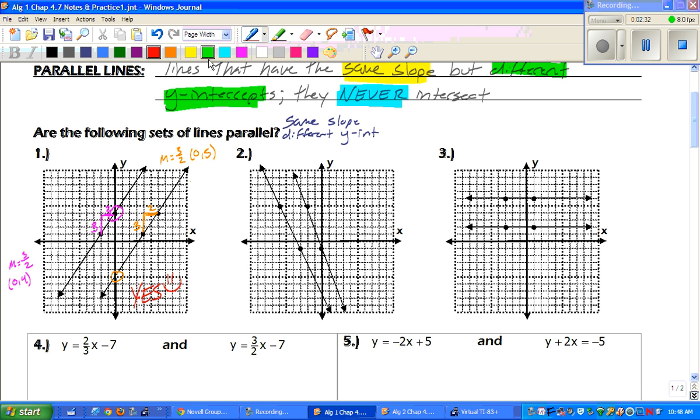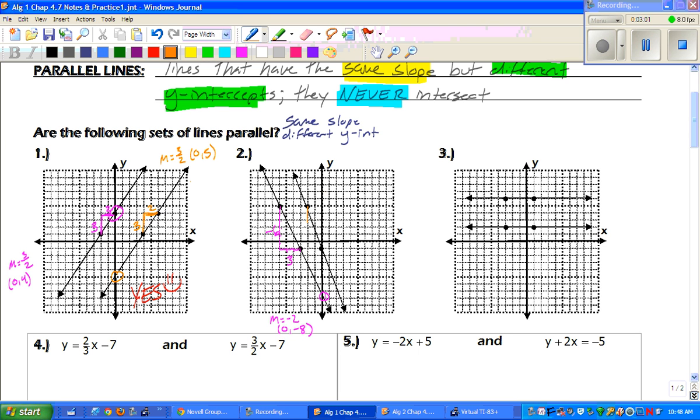All right, let's take a look at the next one. The slope is going down 1, 2, 3, 4, 5, 6. So we're going down 6, over 3. That means the slope is negative 6 over 3, which is negative 2. And our y-intercept right there is 5, 6, 7, 8, negative 8. So (0, -8).